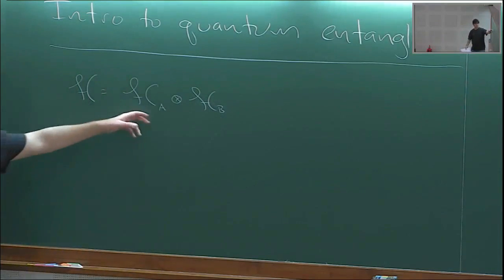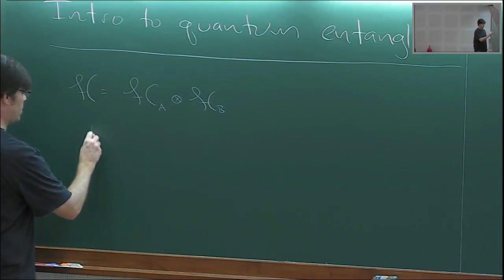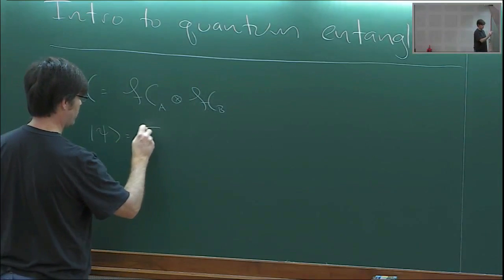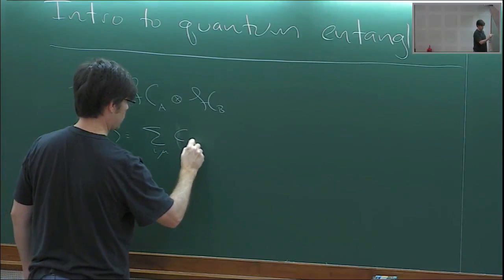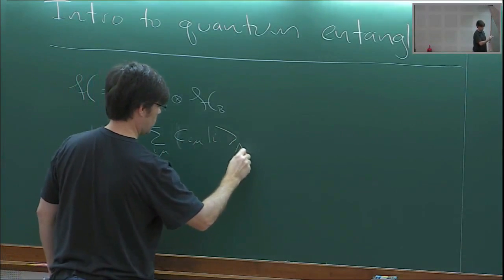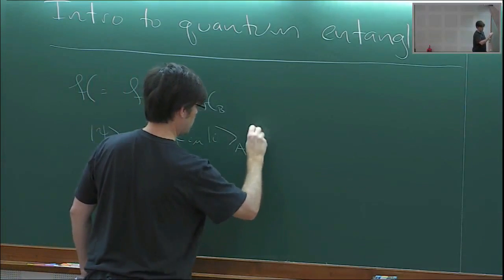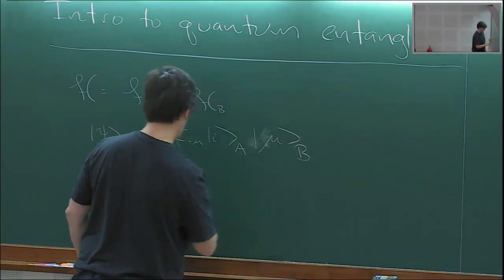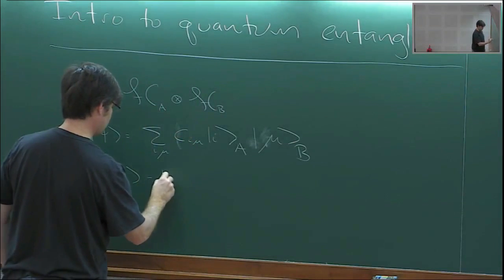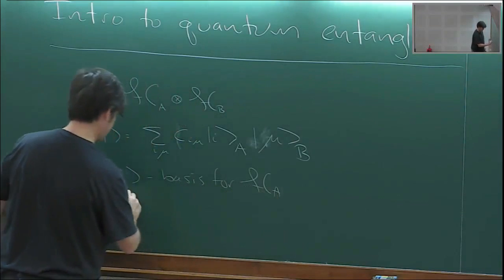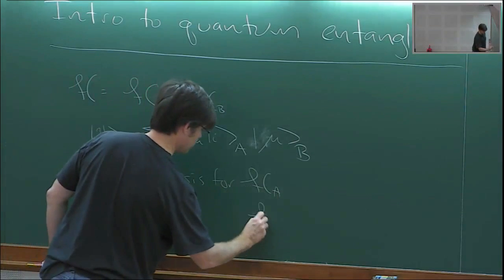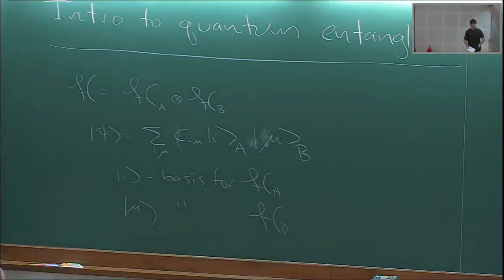So this is a tensor product of two separate Hilbert spaces, and in a general state, I can write a sum over i and j of coefficients times basis states, where i is a basis for H_A and j is a basis for H_B. When we're talking about entanglement, we're talking about situations like this where I can break up the Hilbert space into factors.